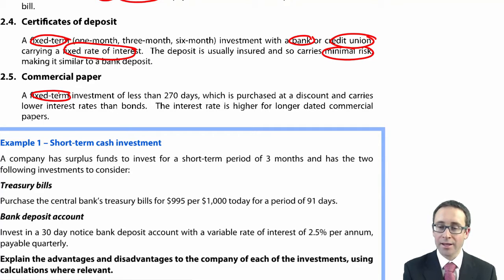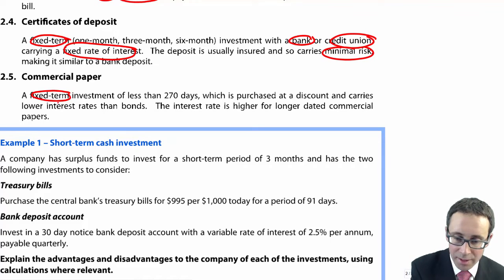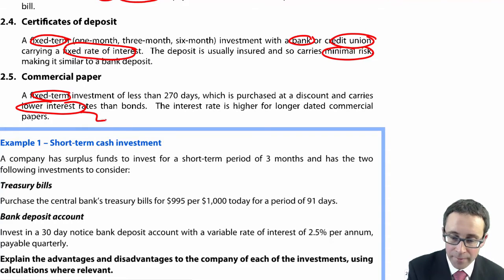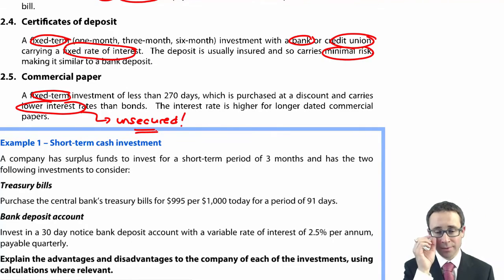Okay, again, key bit is that if you then buy that transferable commercial paper, you buy it at a discount, but you will get a little bit of capital growth upon it. It does have a little bit of a lower rate of interest. The reason why that is because it is unsecured. There is no security on it. Okay, you may expect there to be a higher rate of interest, but it tends to be a lower rate of interest on the debts.